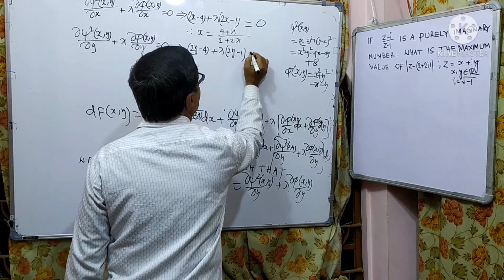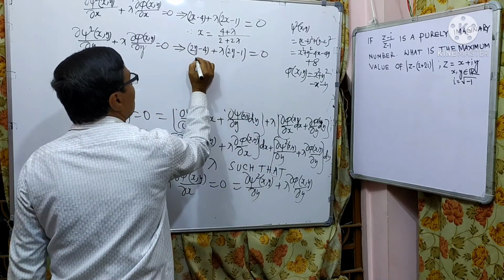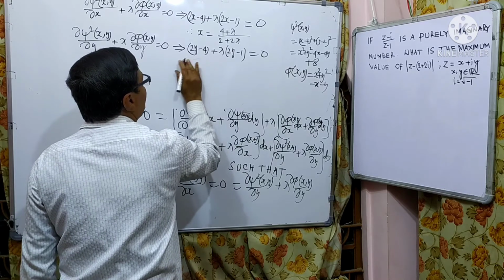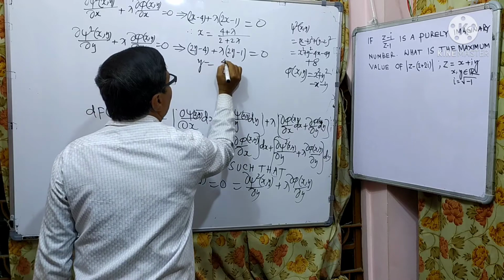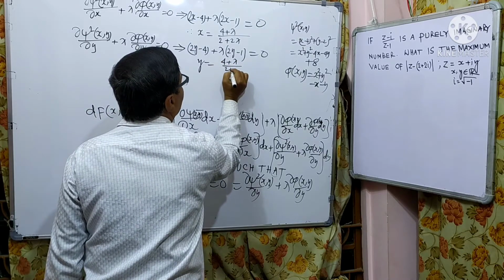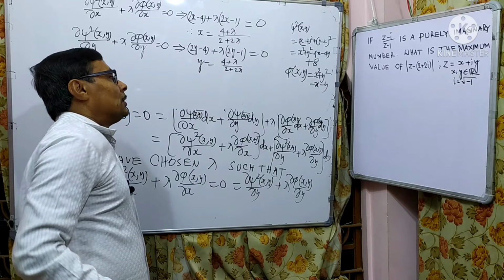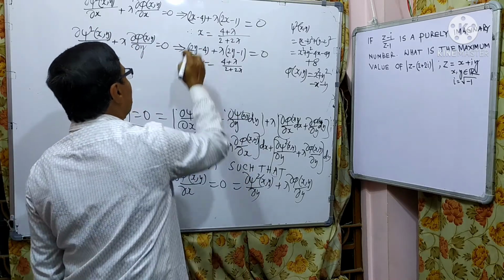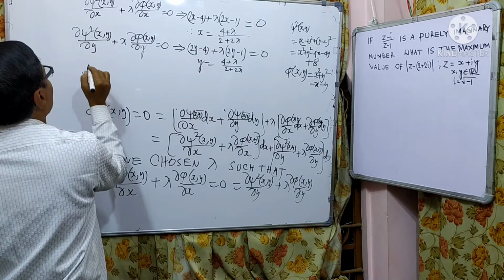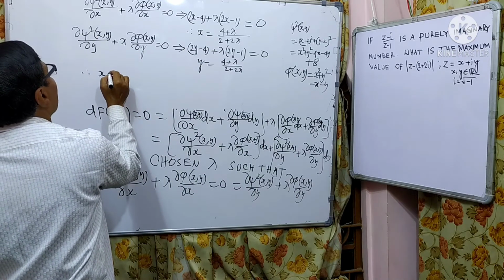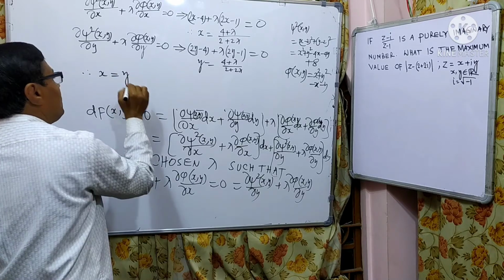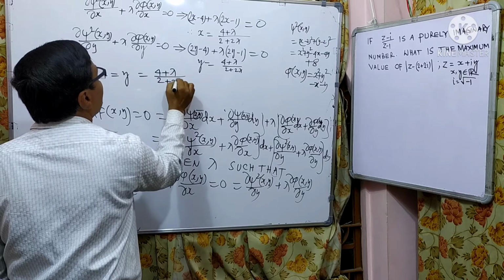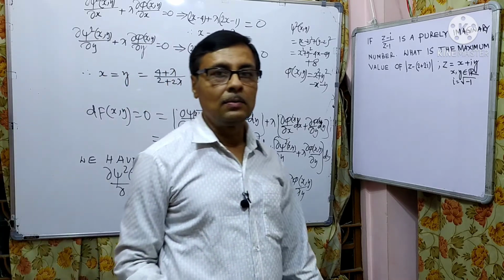So here we shall get the value of y equal to 4 plus lambda over 2 plus 2 lambda. These two values are the same, that is x equal to y equal to 4 plus lambda over 2 plus 2 lambda.